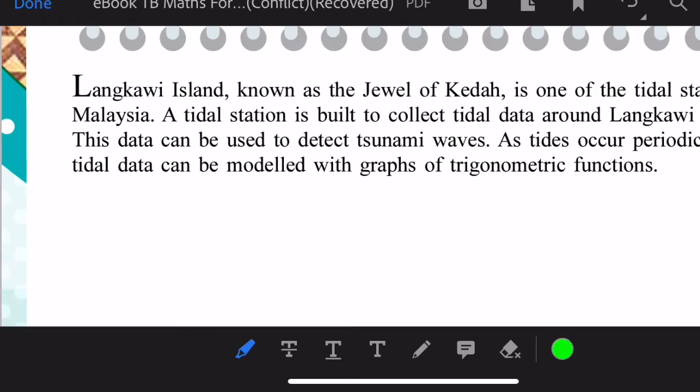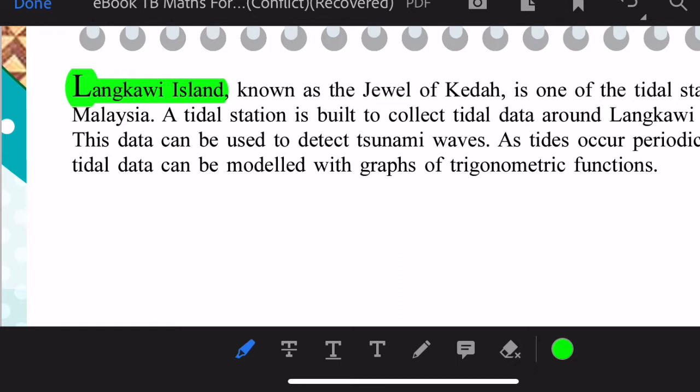Langkawi Island, as you know. Let me highlight. Known as the River of Kedah. River is one of the tidal stations in Malaysia.